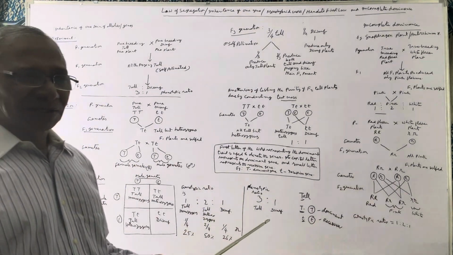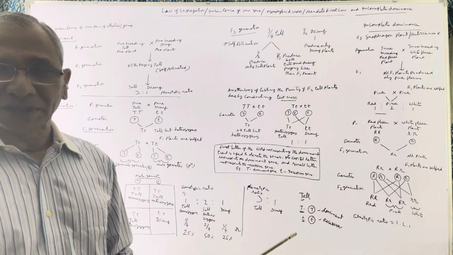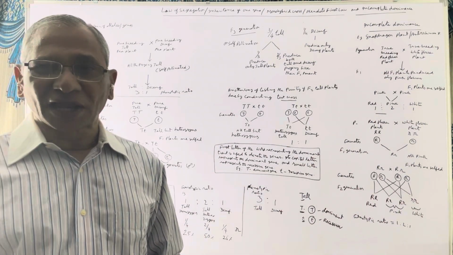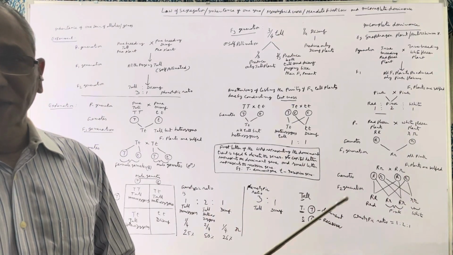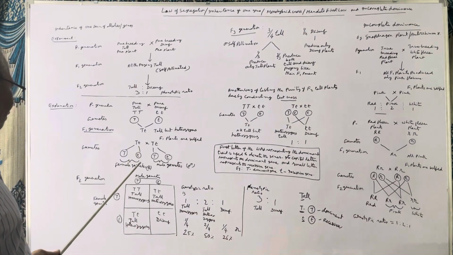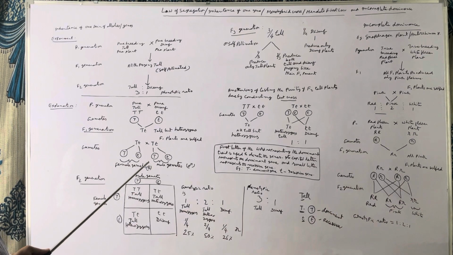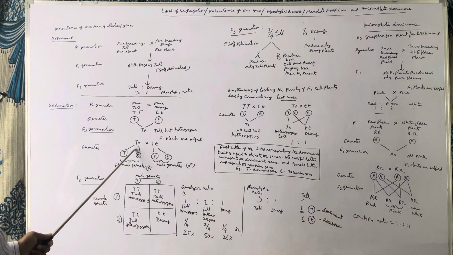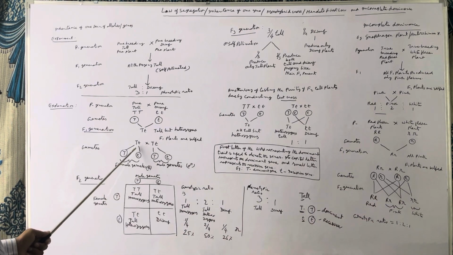Then, in pea plant, self-pollination is natural, but cross-pollination can also be carried out. Now let us say a cross-pollination is carried out between two F1 plants in the next generation. So this is one F1 plant, this is another F1 plant. This plant produces pollen grains or male gametes, and this plant produces female gametes or ova.